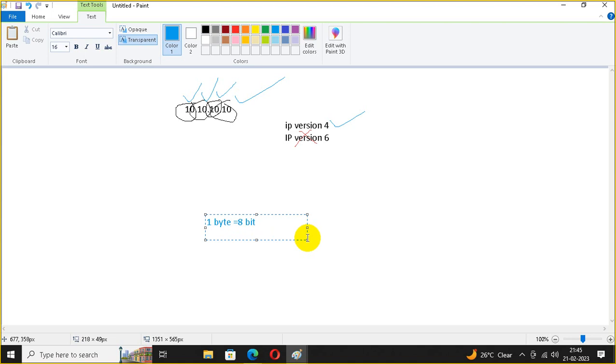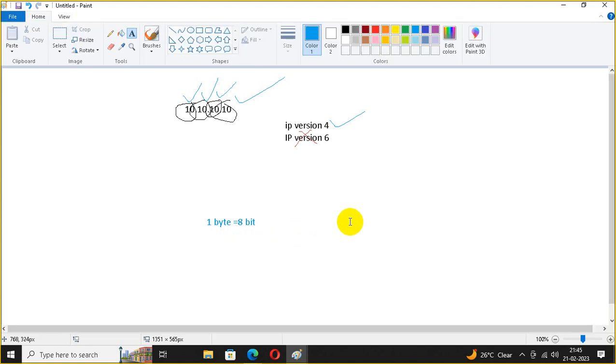Clear? Don't forget, 1 byte is equal to 8 bit. Now 4 bytes is equal to how many bits? 32.